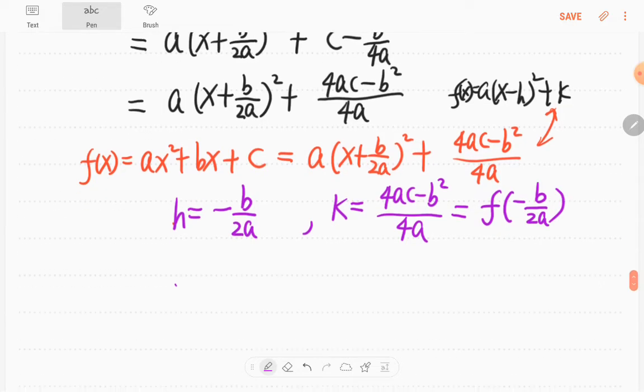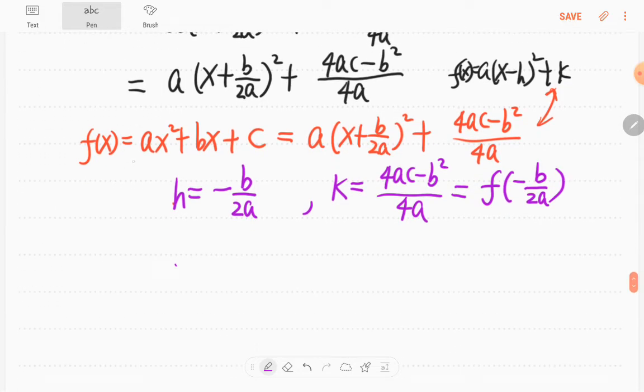So from here, if you have this form, you can use a, b, c to get h and k directly, right? And since we know h and k, we can always write down the standard form.